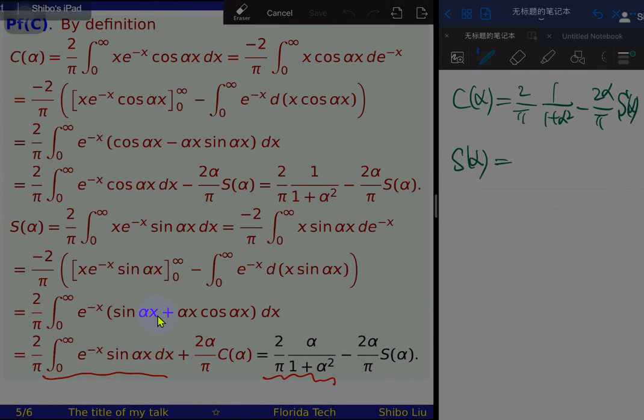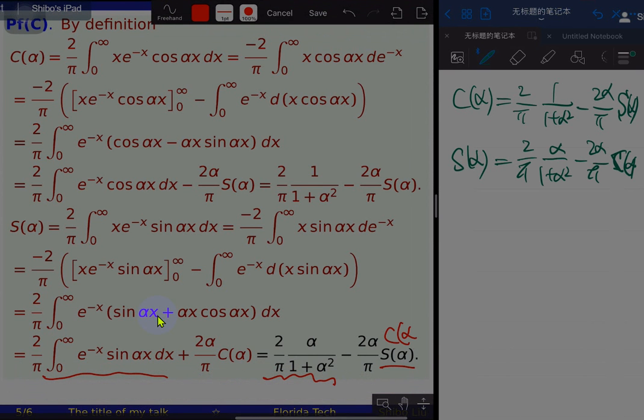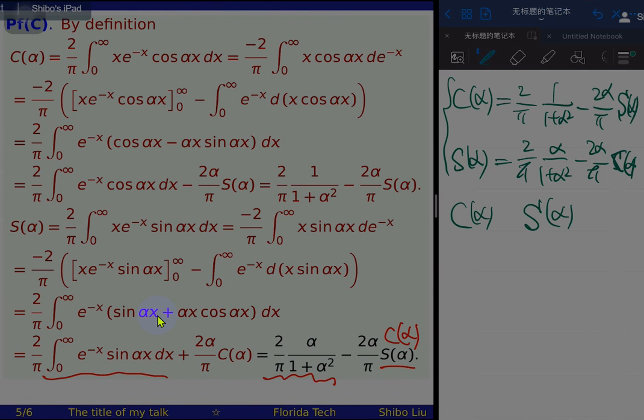So this is alpha over 1 plus alpha square minus 2 alpha over pi C alpha. Sorry, I have a misspelling. This is C alpha. Okay, so solving this system, we have two equations and two unknowns. The two unknowns are C alpha and S alpha. So you can solve for S alpha and C alpha and obtain the result. Of course, I will not solve this easy problem here. Okay, this is the third method to compute our result.